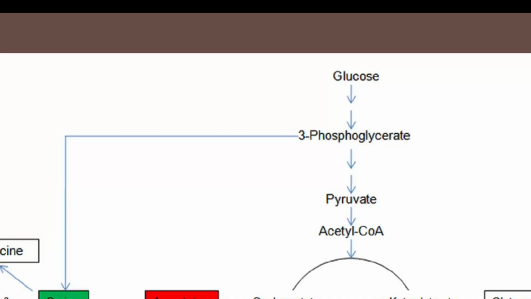Now glutamate is an amino acid itself, and glutamate can act as a precursor to other amino acids such as glutamine, arginine, proline, and glutamine can then form histidine. Now another intermediate, oxaloacetate, the 4-carbon compound, can form aspartate.